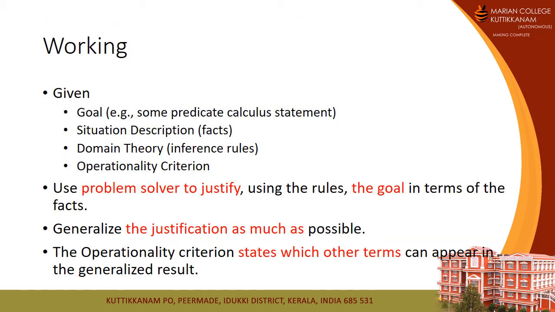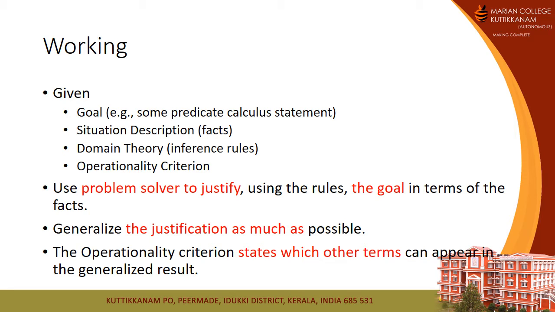So the working principle is that we are given four components. One is the goal, which is usually represented as predicate calculus or propositional calculus statements. Second is the situation description, that is, the facts.